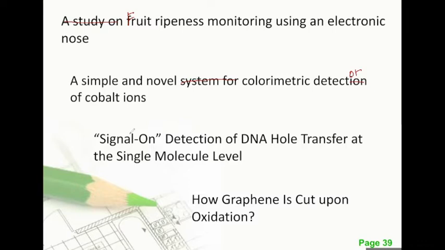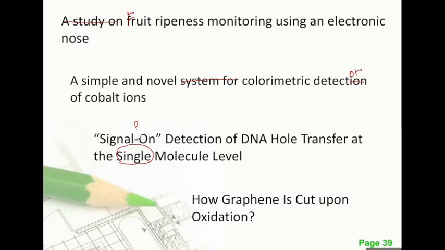Next, signal on detection of DNA whole transfer at the single molecule level. Okay? Mahalaga ba itong gamit ng single? Okay, so that's the question. If not, then probably we can remove this word.